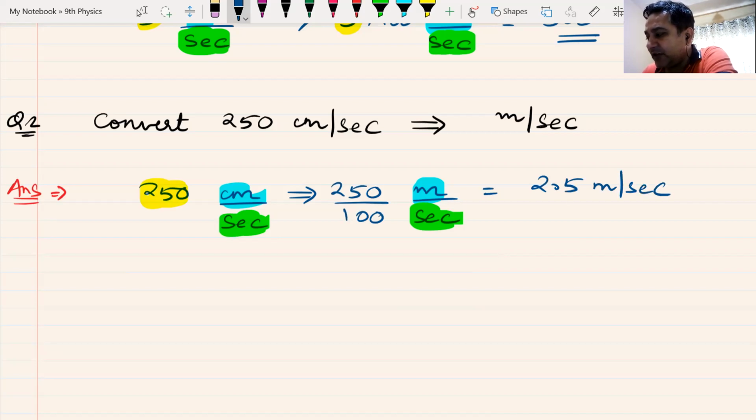Quickly raise your hand so that I can move forward with the next conversion. Vedansh has raised his hand, waiting for Ayush and Kaushiki. Yeah, I get it.